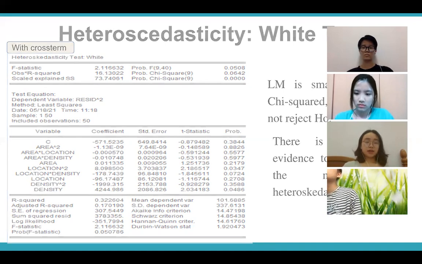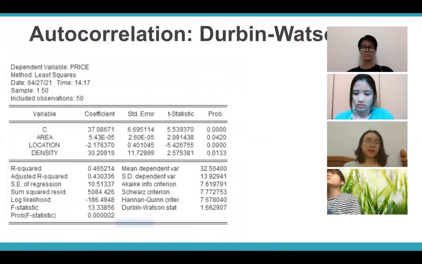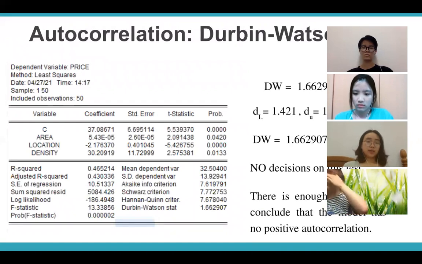And the last error we need to detect is autocorrelation. For this error, we use the Durbin-Watson test, and we can see that our model satisfies the assumptions: our model does not have heteroscedasticity, and the model has an error term with an intercept. Therefore, we can conduct this test.